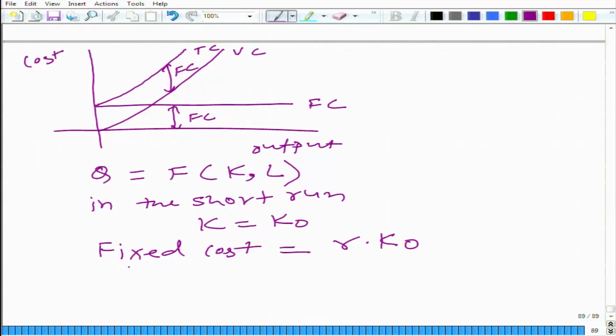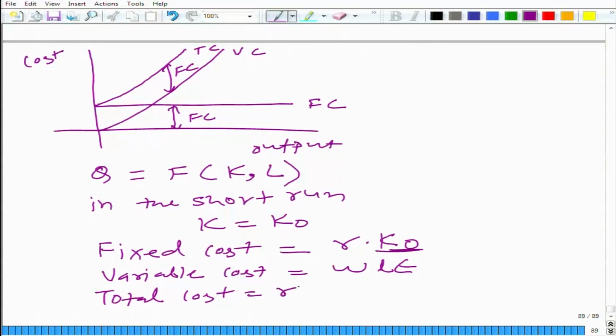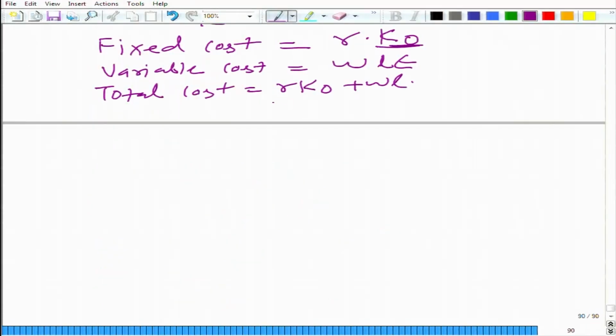And how much is the variable cost? WL, because remember this is fixed, this is not fixed. So, what we get is total cost as fixed cost plus variable cost, fine.